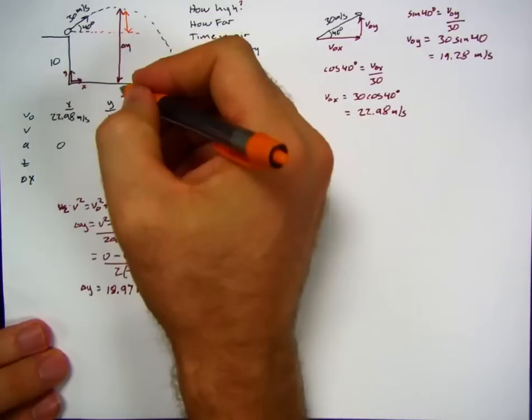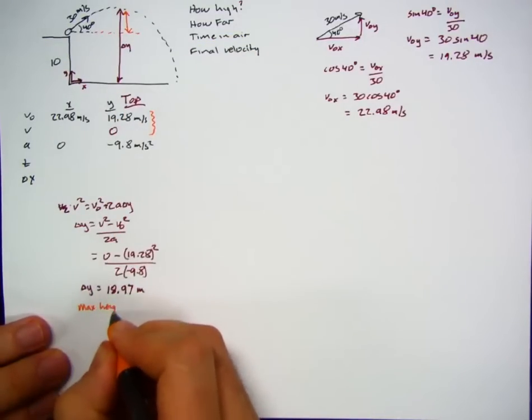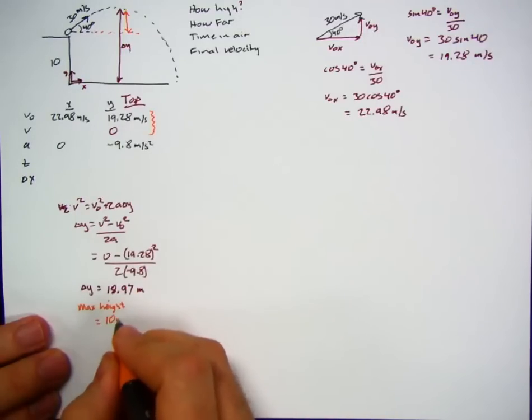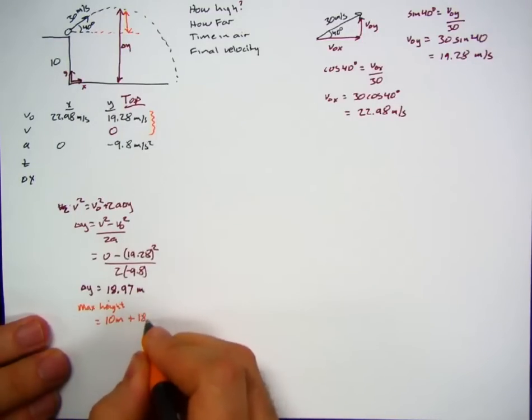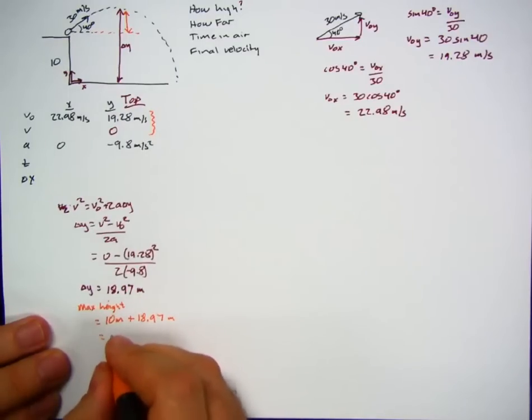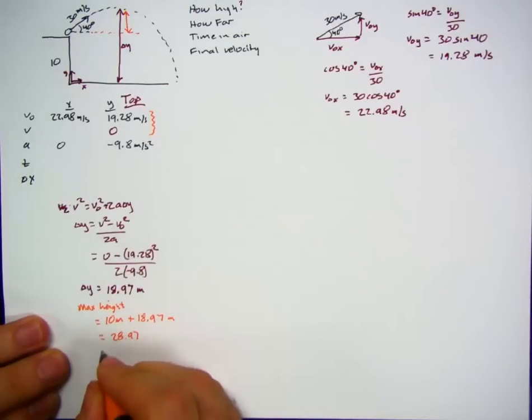And I want the whole thing, so my maximum height is going to be equal to 10 meters plus 18.97 meters, or 28.97, and to 2 significant figures, 29 meters.